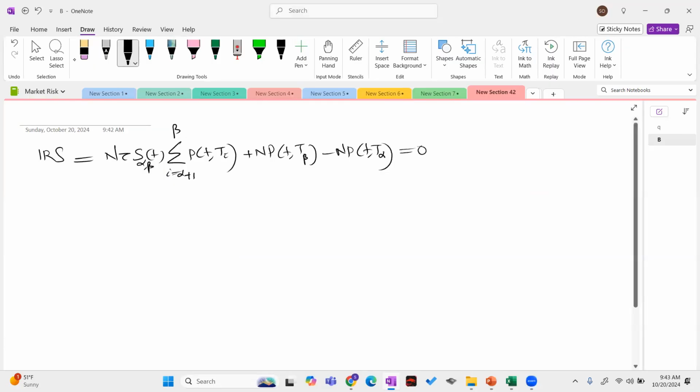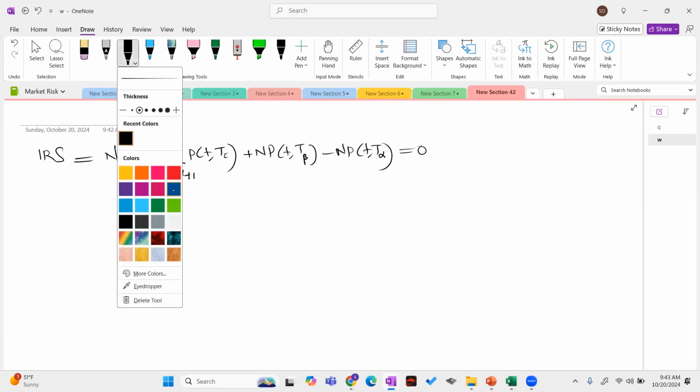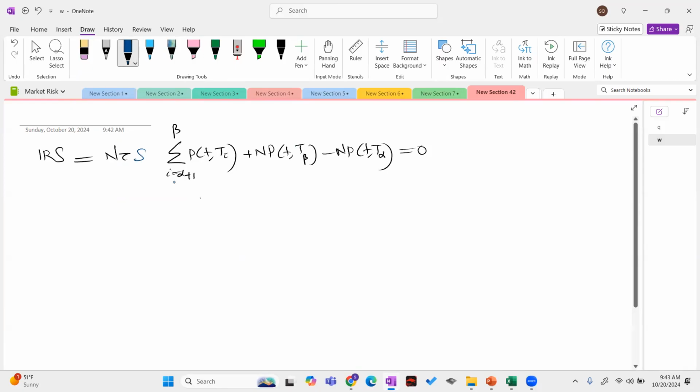What is this fixed rate such that this is zero? You can solve it. Everything else is known. At every single valuation time point t, you can solve this, that makes this equation zero.